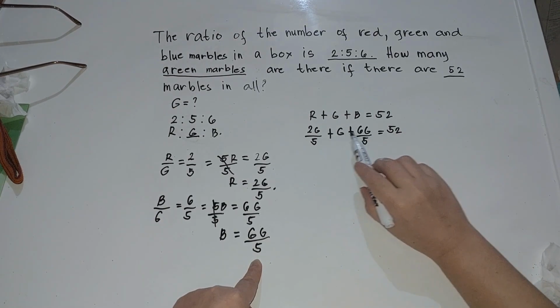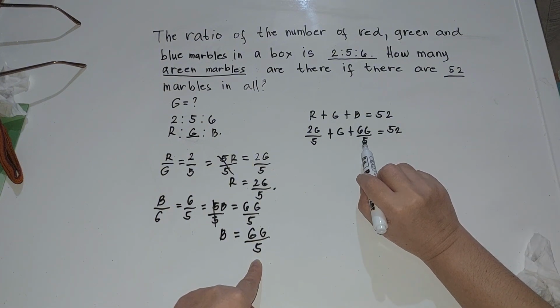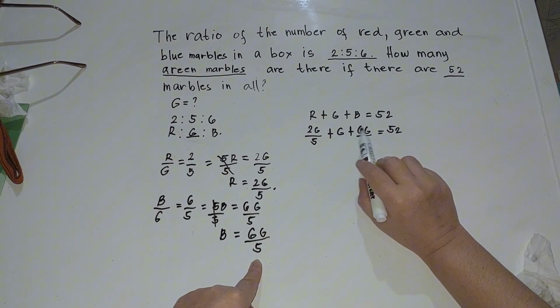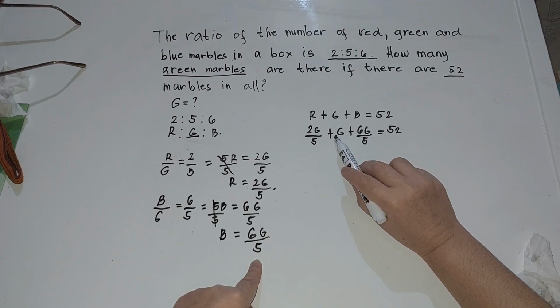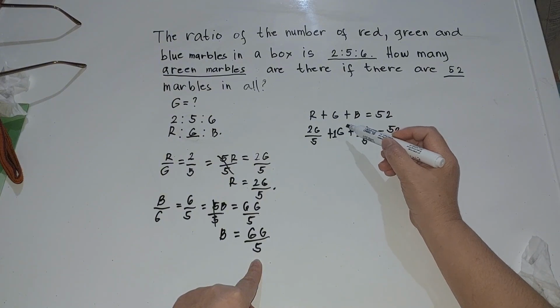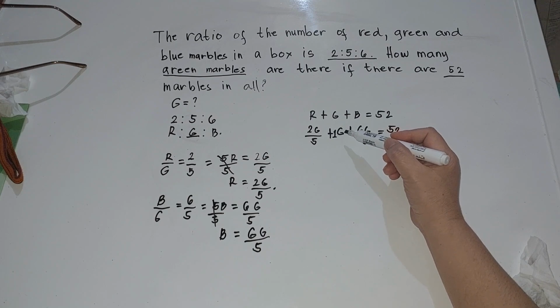Okay, how can we add this? So this G must have a denominator of 5 as well, so that we can add the numerators. What we will do is we will make the 1 here. There's a 1 here. All variables have a numerical coefficient of 1.